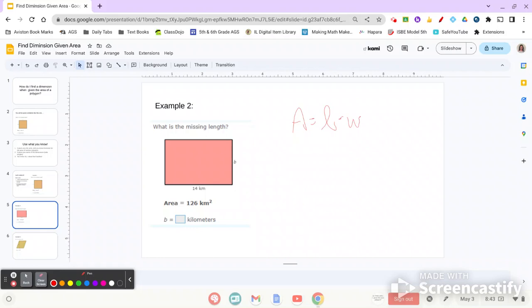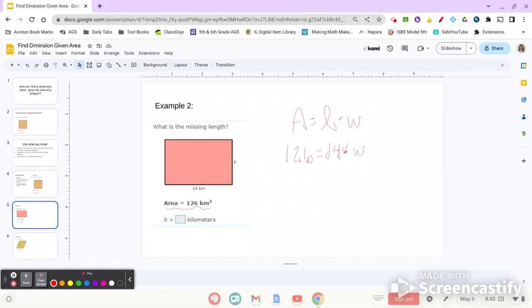We substitute in what we know. We know the area is 126, so 126 equals, our length is 14, times W.